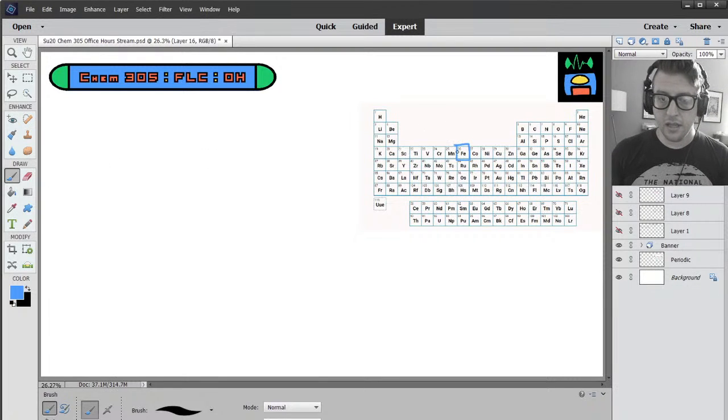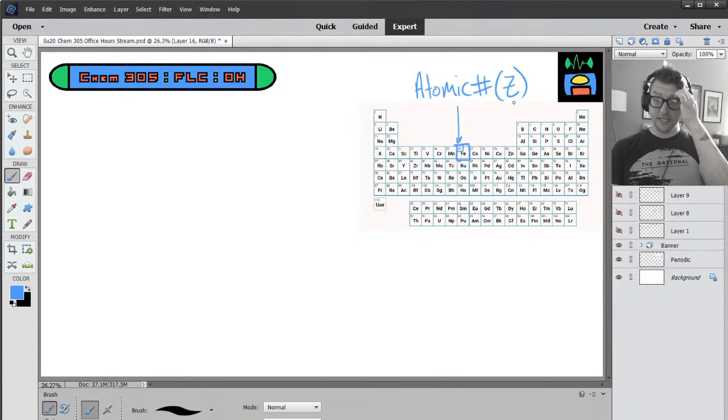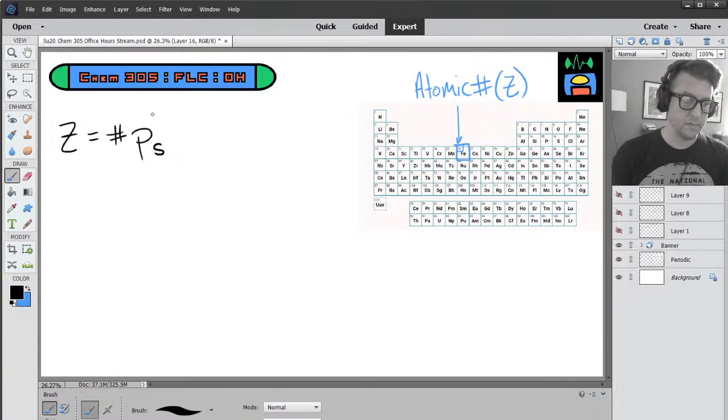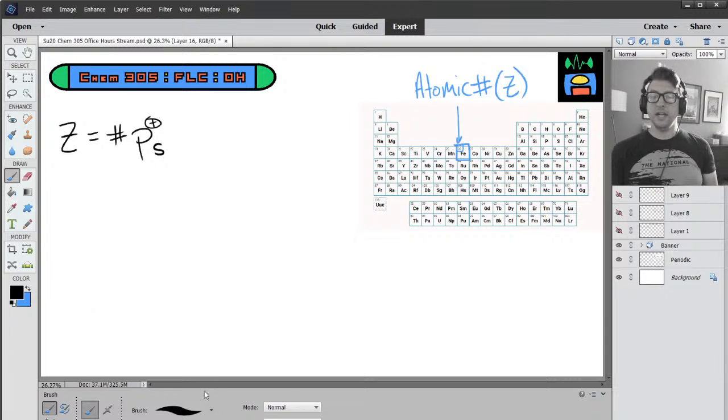The periodic table gives you what's known as the atomic number, which is given the symbol Z, and Z is equal to the number of protons. It tells you the number of protons that are in each element.